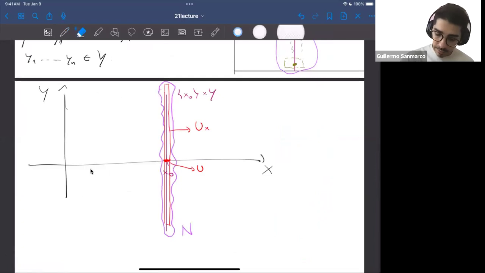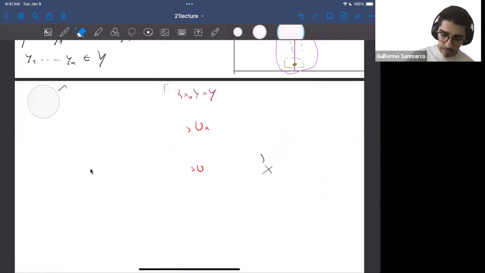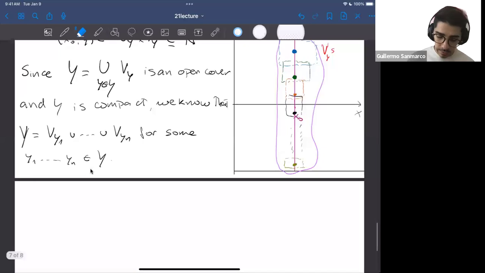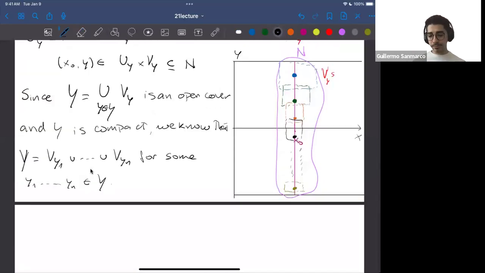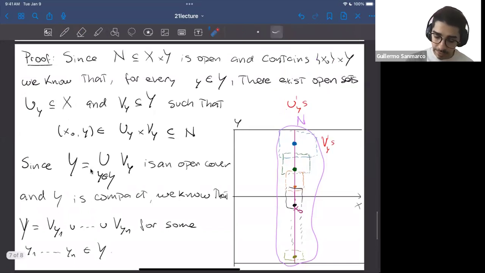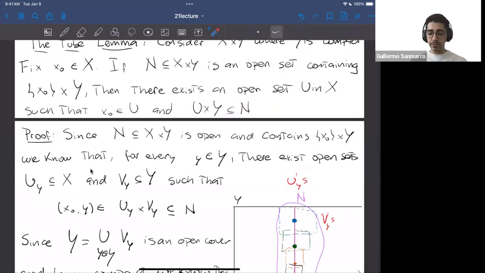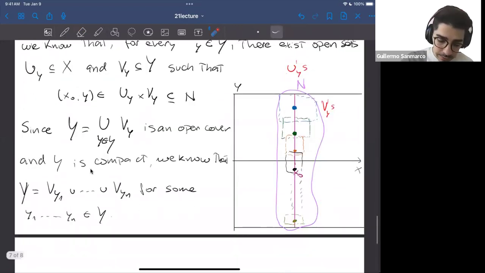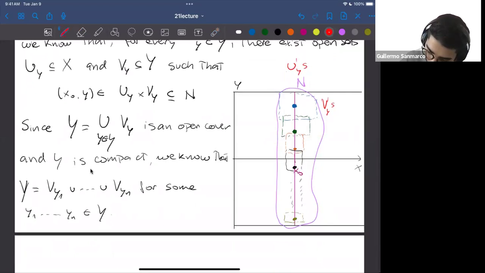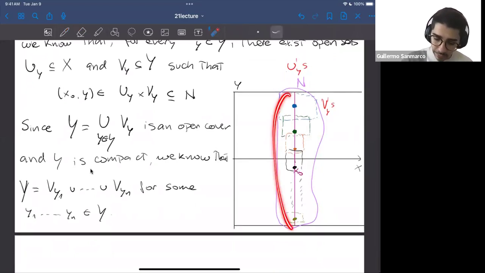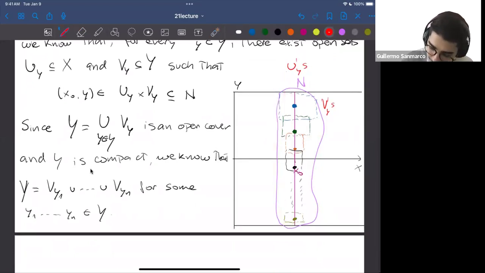So let me clear this page. There we go. So that's what we know. And now the question is, what's going to be our U? Remember, we're trying to find U open in X containing x naught, such that the entire neighborhood, the entire tube, sorry, is inside of N. So what I should do here is take the smallest possible U out of all the finitely many that we have, and that's expressed with the intersection.